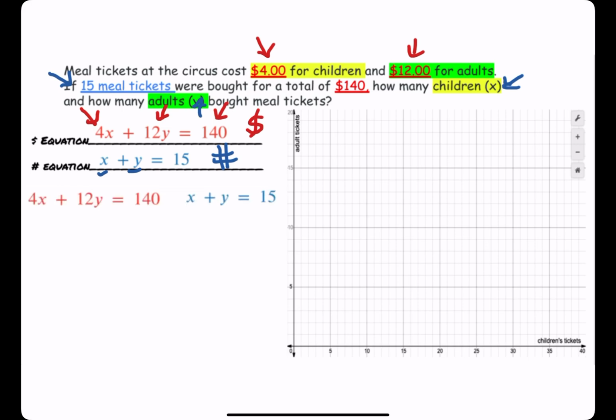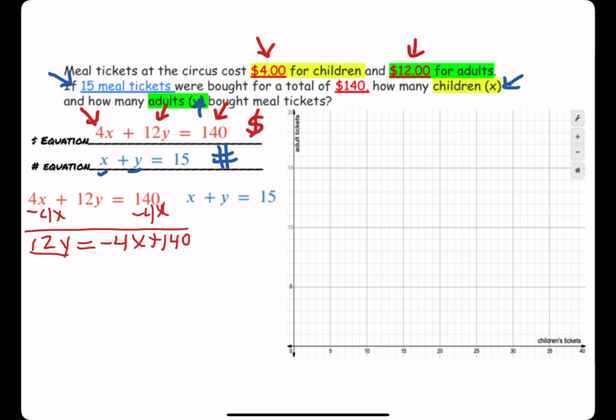Now, in order to graph these equations, I'm going to rewrite them in slope-intercept form. In other words, y equals mx plus b. So the first equation, I'm going to solve for y by subtracting 4x from both sides, giving me 12y equals negative 4x plus 140.